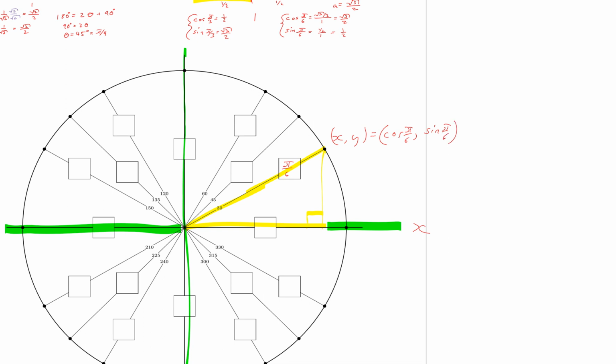There and there. And so when you calculate this through, or when you just look up here, you got square root of 3 over 2, and then 1/2. And there you go, that's it. That is the coordinates of this spot right there.